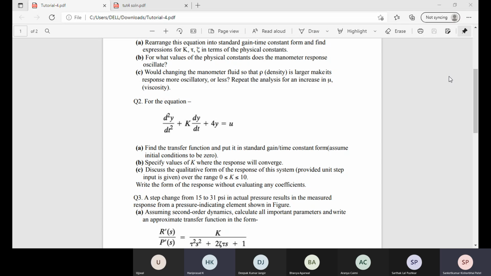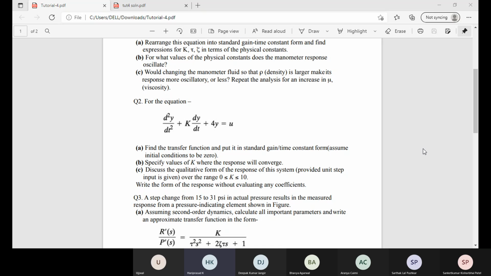Okay, so thanks, Sanket. Any questions? Again, the question is all about you being given a differential equation. You need to convert things into the standard form. So the question talks about the value of K in which the system would converge, and the qualitative form of the response.